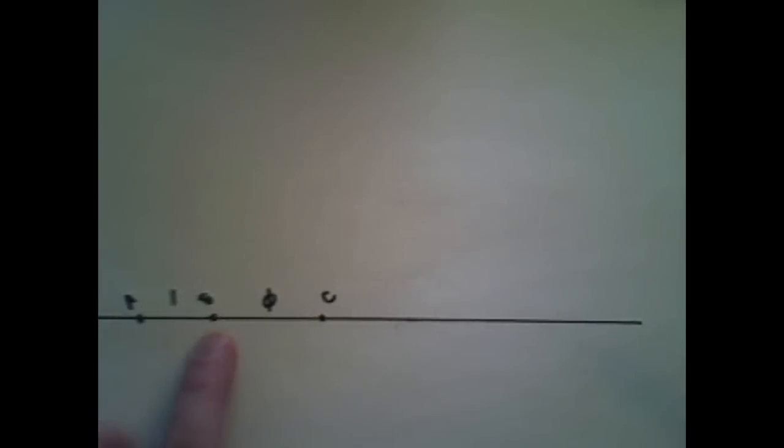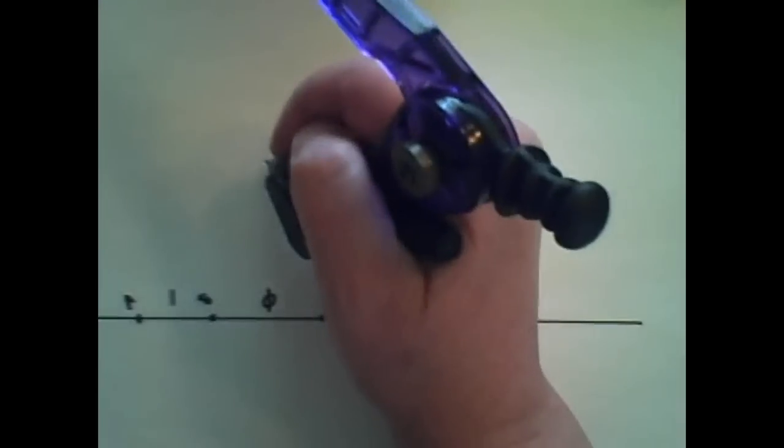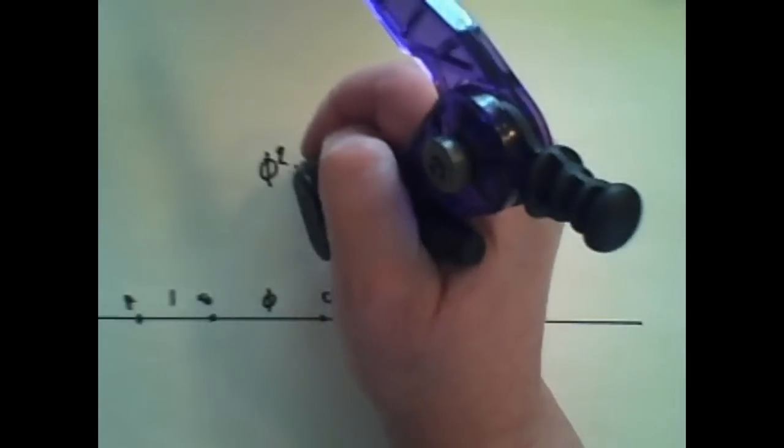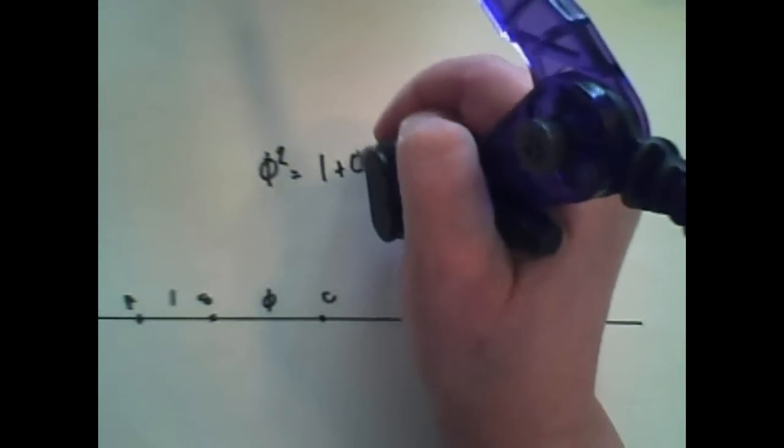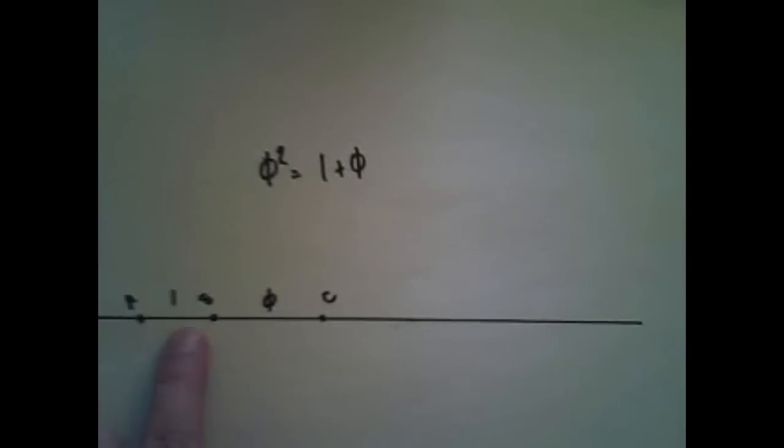So we're going to call the distance from A to B 1 unit, and we're going to call the distance from B to C phi units, because this distance from B to C is about 1.618 times the distance from A to B. If I want to construct a segment that is phi squared units long, what I'm going to remember is that phi squared is the same thing as 1 plus phi.